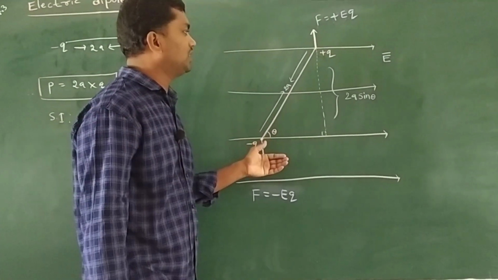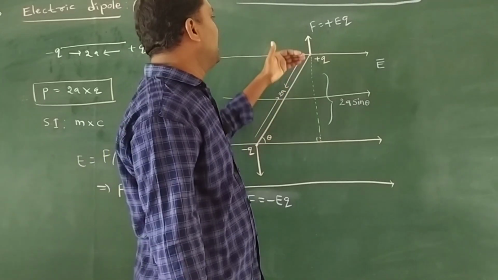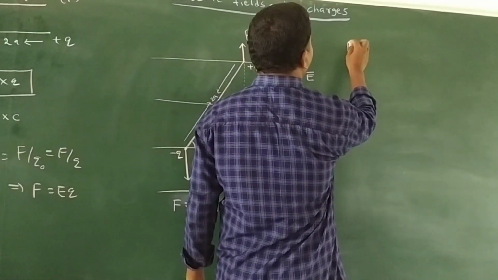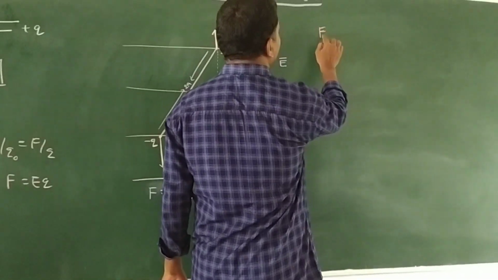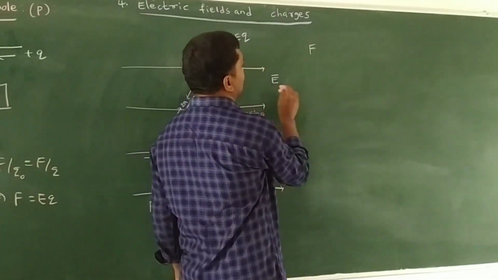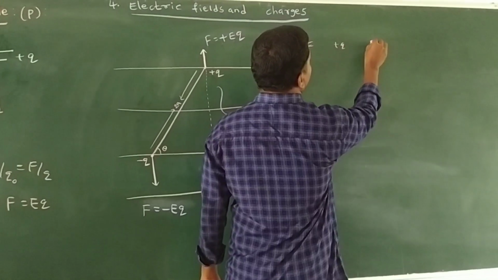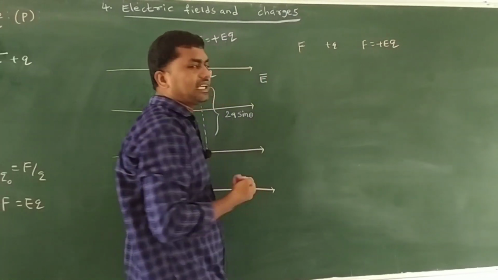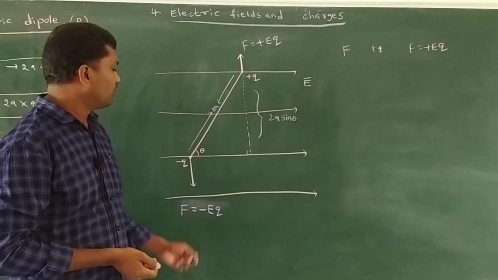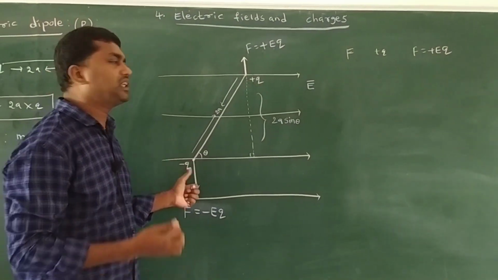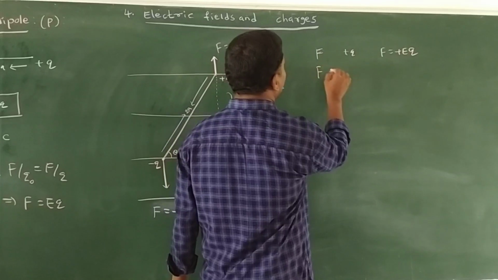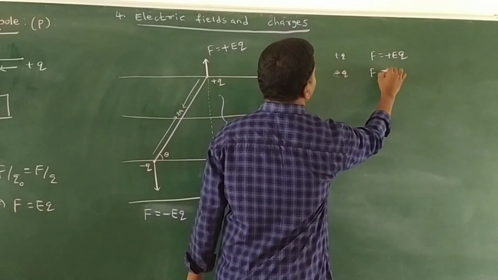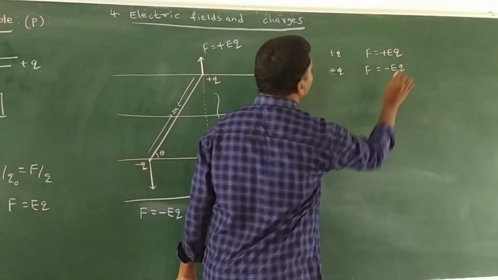Let us discuss the torque produced in the electric field. The force acting on the plus q charge is F equal to plus Eq, and the force acting on the minus q charge is F equal to minus Eq.